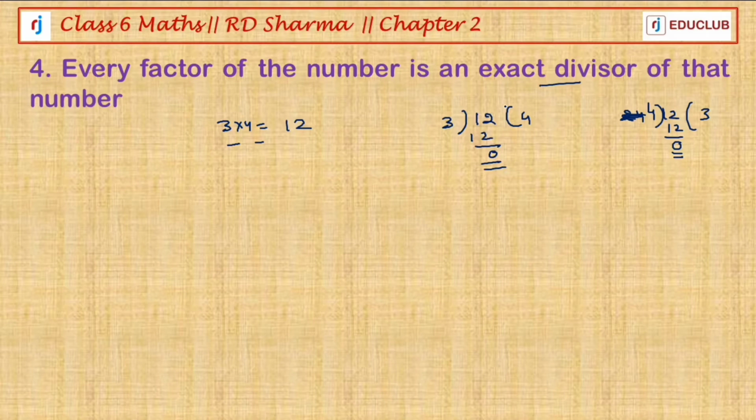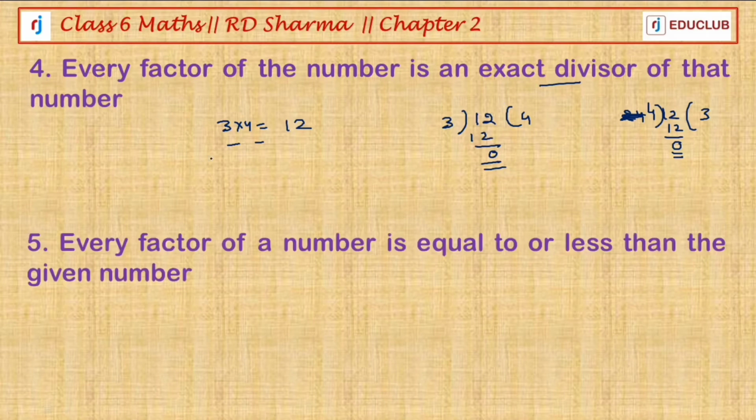Next, every factor of a number is equal to or less than the given number. For example, factors of 12 are always less than or equal to 12 only. Always remember the factors of 12 are not more than 12.